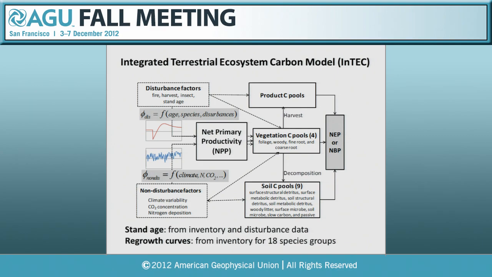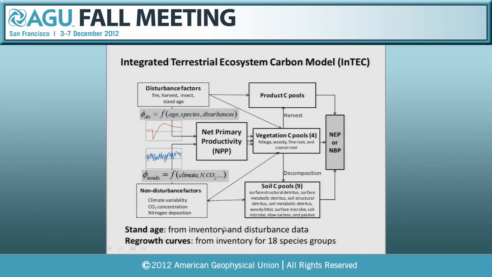And in the model, we have these factors considered, and in particular, we consider the regrowth part after disturbance, and of course the climate, to assess the net primary productivity.